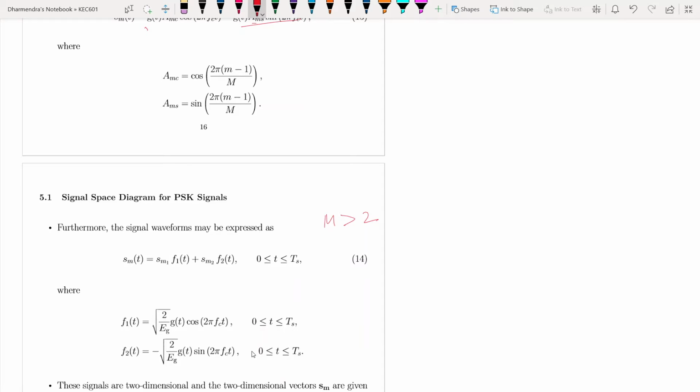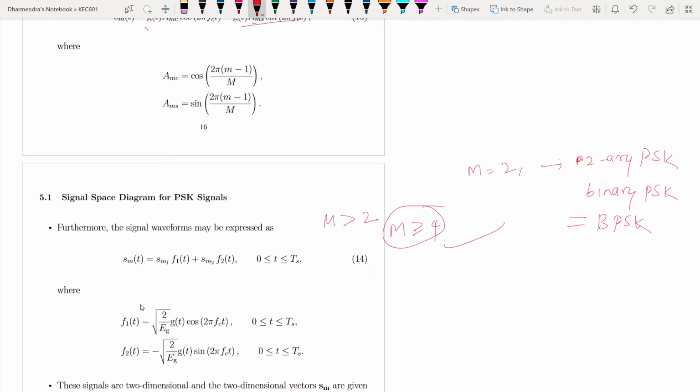When M is 2, it is 2-ary PSK, also known as binary PSK, abbreviated as BPSK, and BPSK is a one-dimensional modulation scheme. But for M greater than or equal to 4, this is a two-dimensional modulation scheme.